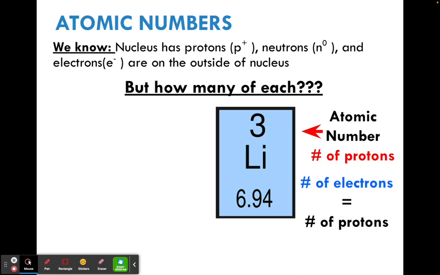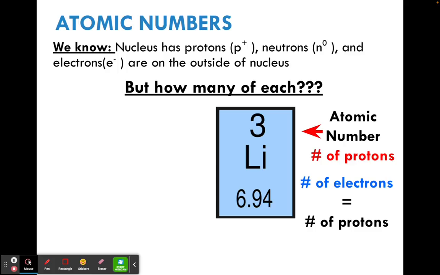It will also tell you the number of electrons if and only if we're talking about a neutral atom. Neutral atoms have no charge, so the negative electrons must equal the positive protons to balance the charge. If the atom is neutral, which is usually what you're assuming unless you're told otherwise, then the positive protons must equal the negative electrons. Remember that ions are atoms with charge, and they can either be negative, and you'll have an anion, or positive, and you'll have a cation.